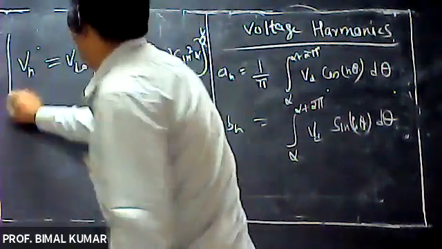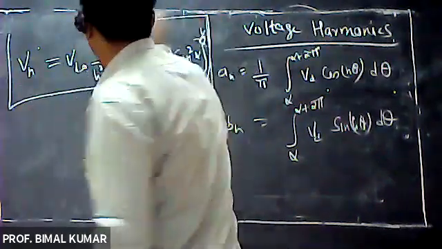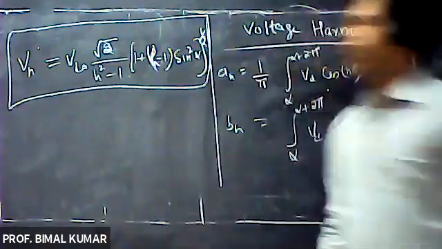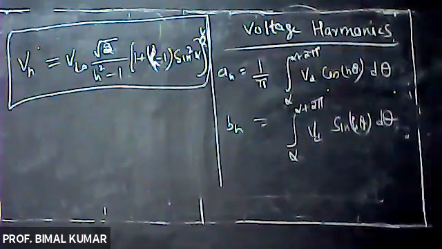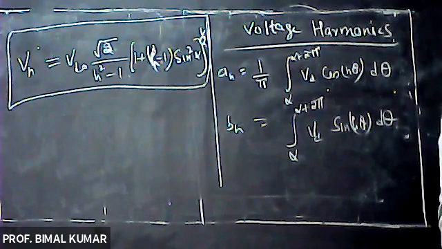That will be the RMS value of the hth order harmonic in DC voltage.